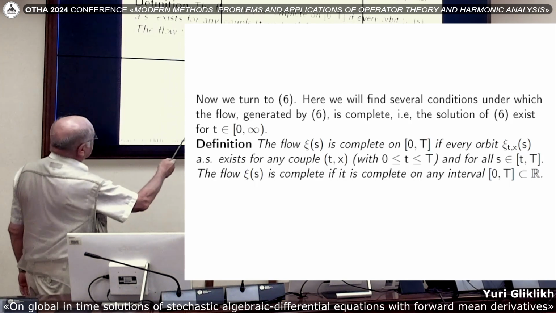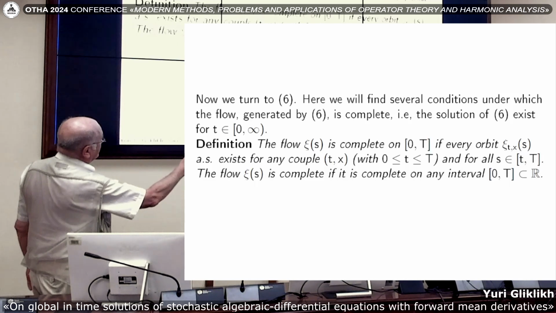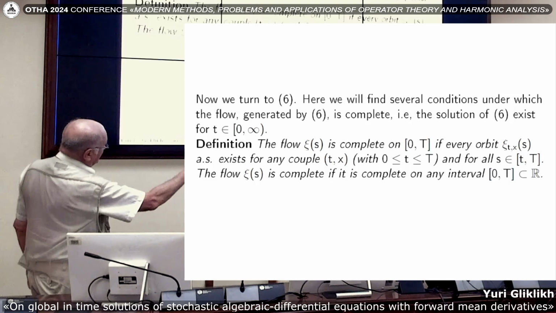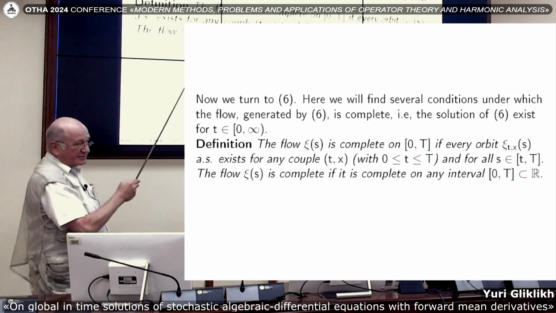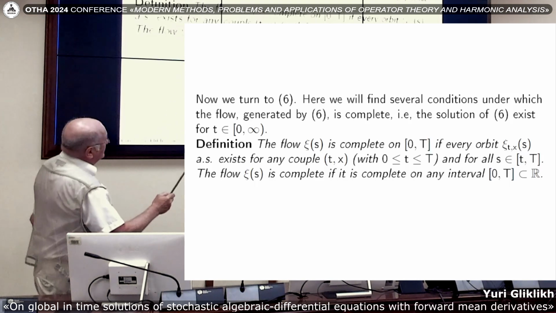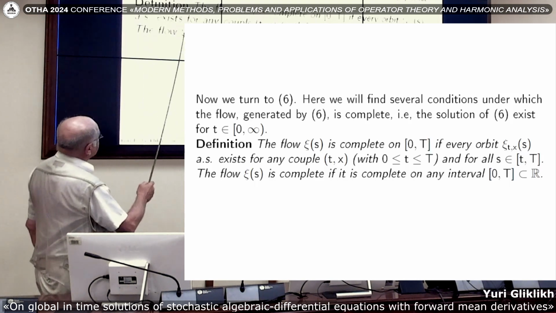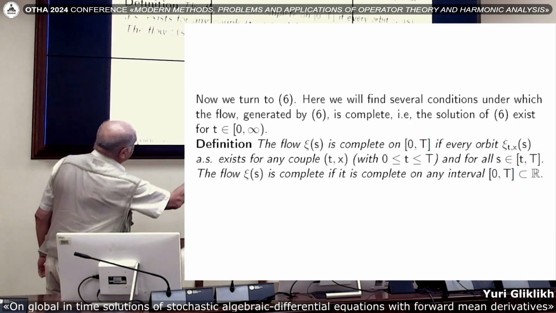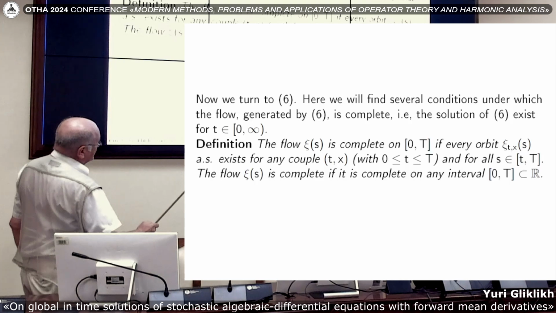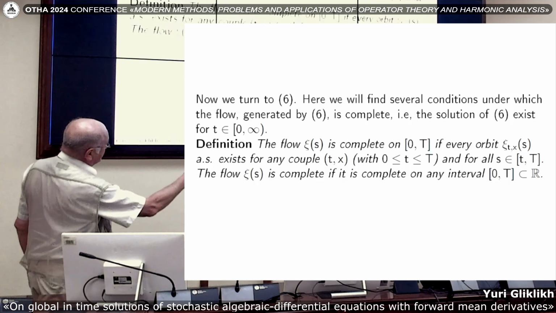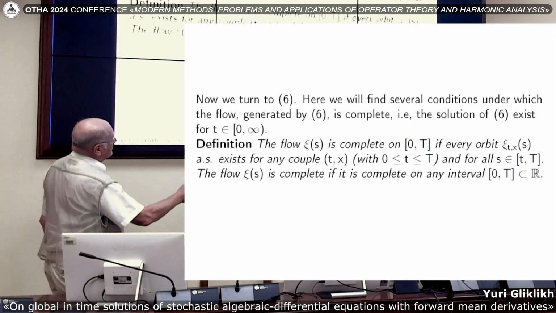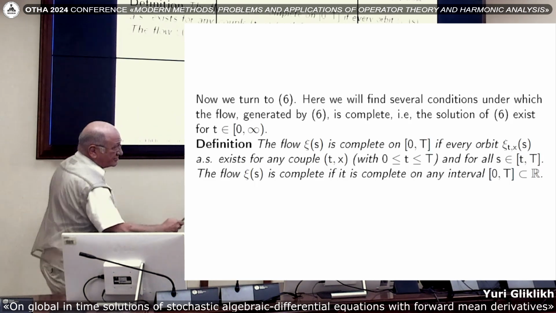The flow xi of s is complete on 0 to T capital if every orbit, this means the individual solution with given initial value, almost surely exists for any couple t, x with t between 0 and T capital, and for all s between t and T capital. The flow is complete if it is complete on any interval 0 to T capital.